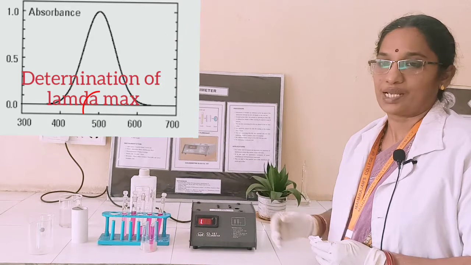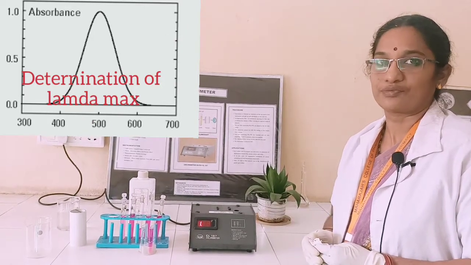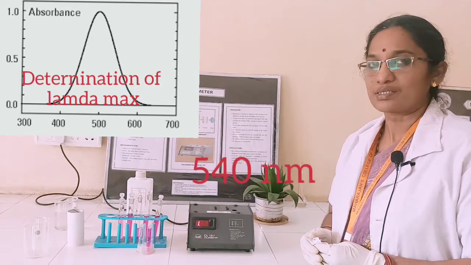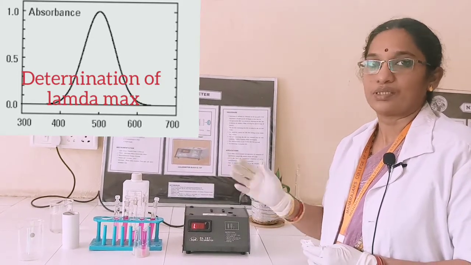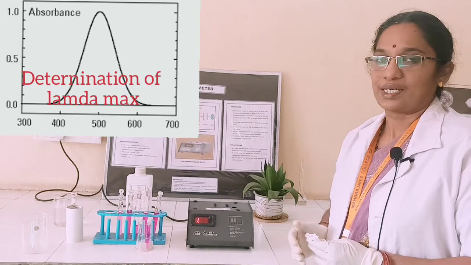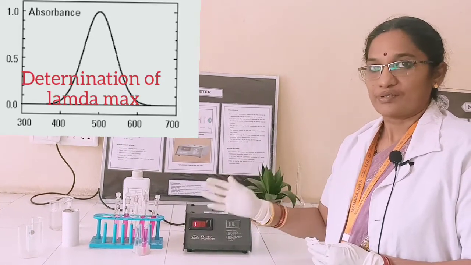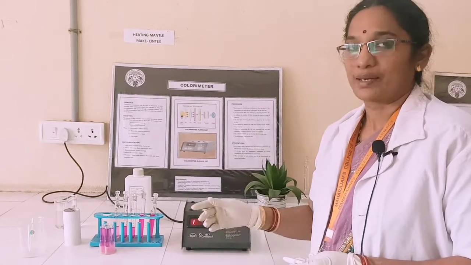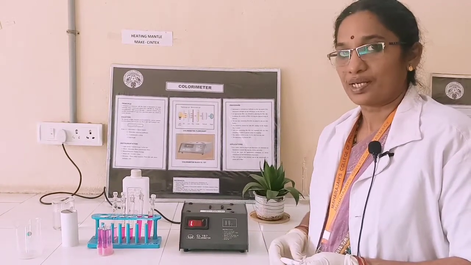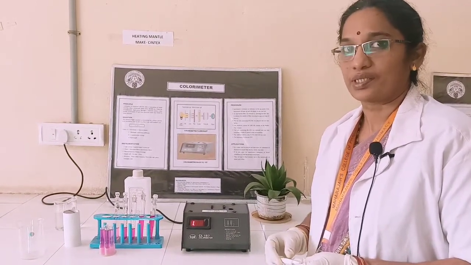For example, the lambda max value of sulfonamide is 540 nanometers. That means at 540 nanometers, sulfonamide absorbs maximum light energy. So all analysis must be done at 540 nanometers. Now we are in the second step of sample analysis. Now we know the lambda max value, that is 540 nanometers.